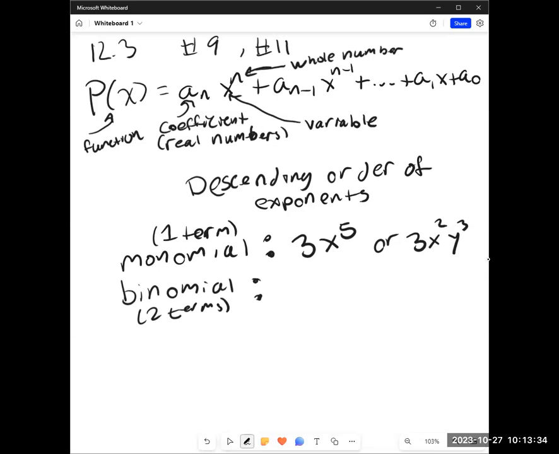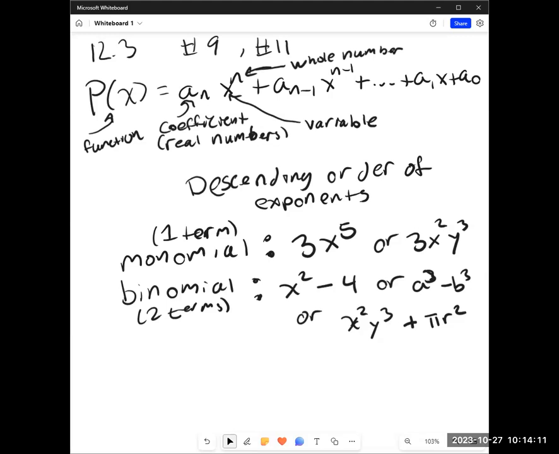It could look something like x squared minus 4, or a cubed minus b cubed, or x squared y cubed plus pi r squared.